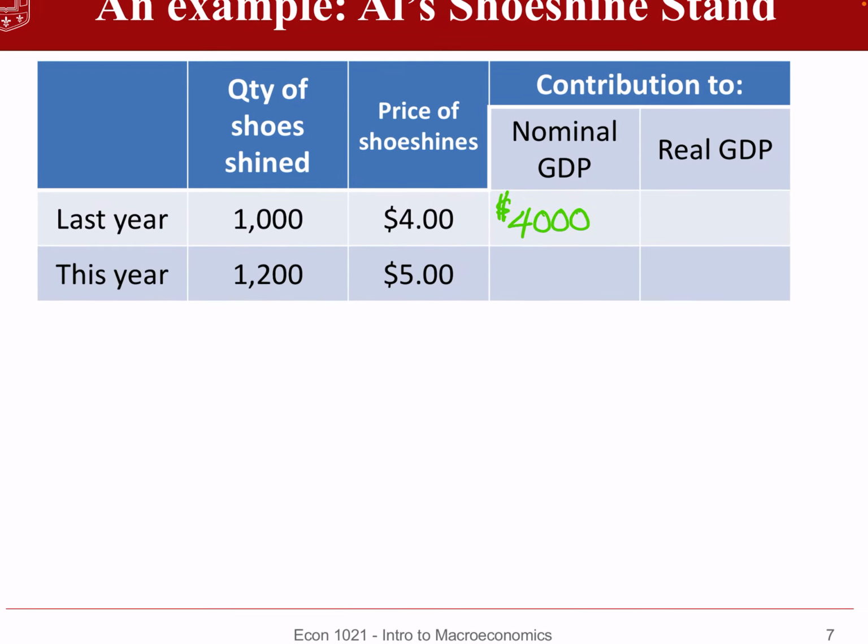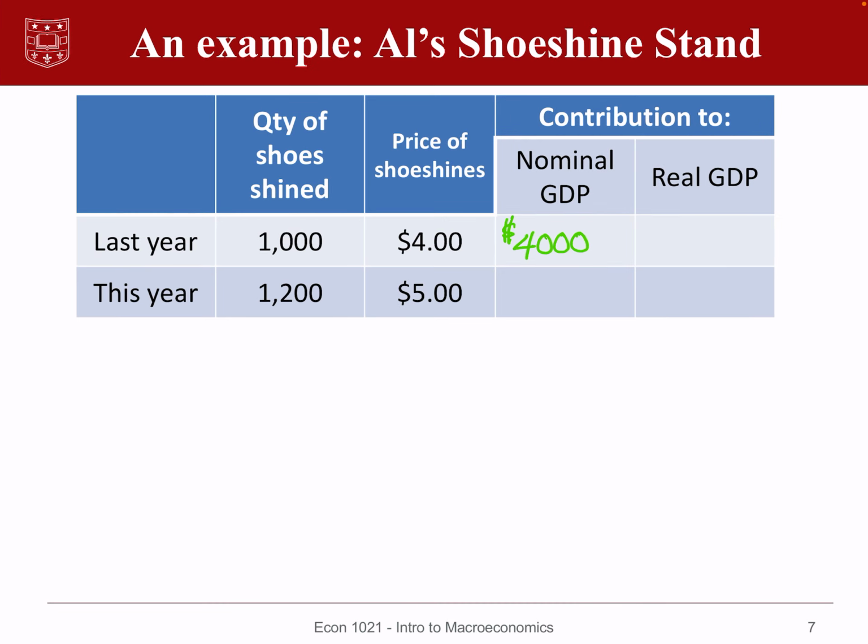So $4 per shoe shine, 1,000 shoes that were shined, we multiply those, we get $4,000. Similarly, if we were going to consider Al's contribution to nominal GDP this year, we would look at the current price, multiply that by the current quantity of shoes that were shined, and then by extension, we would have that this is $6,000.